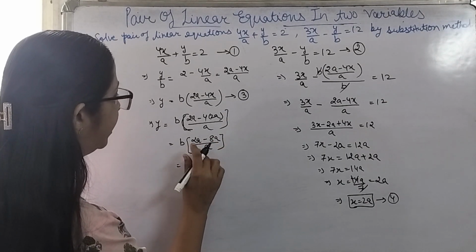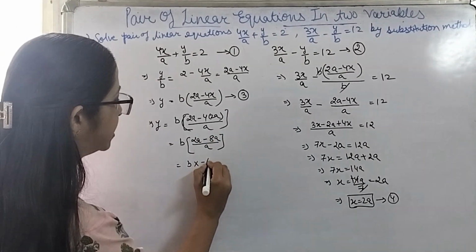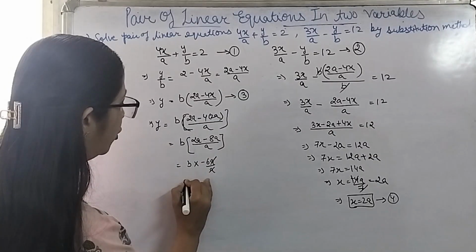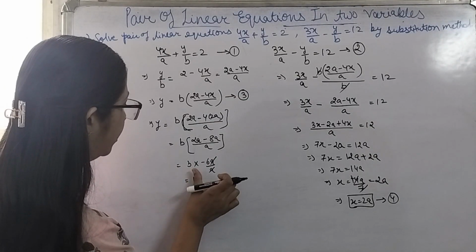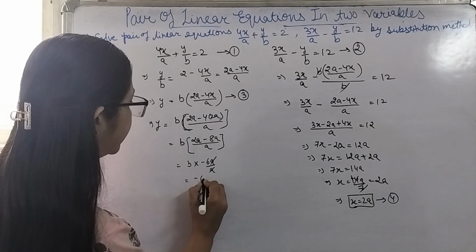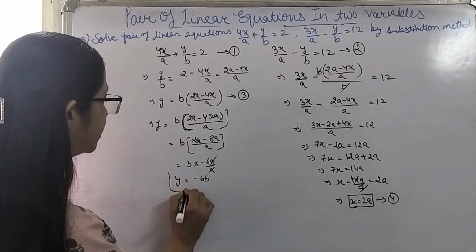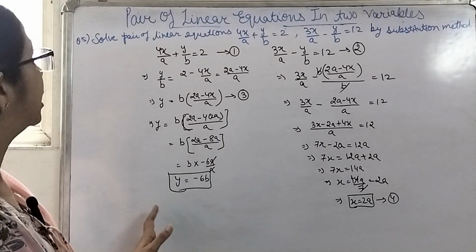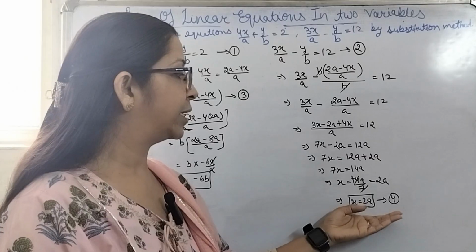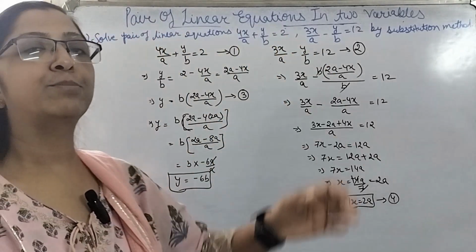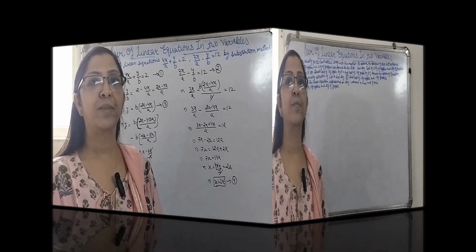That is b multiplied by (2a minus 8a, which is minus 6a) over a, or we can say the value of y will be minus 6 times b. This is the value of y. This is how we can find the values of the variables x and y using the substitution method.